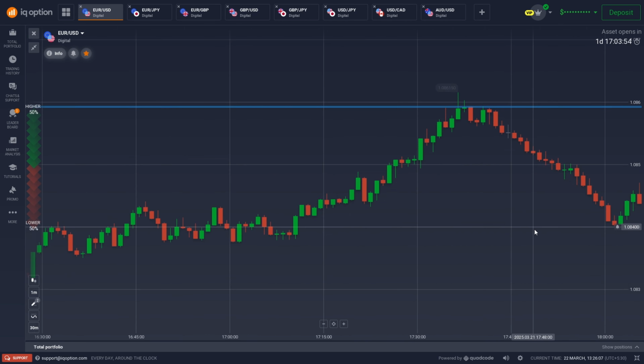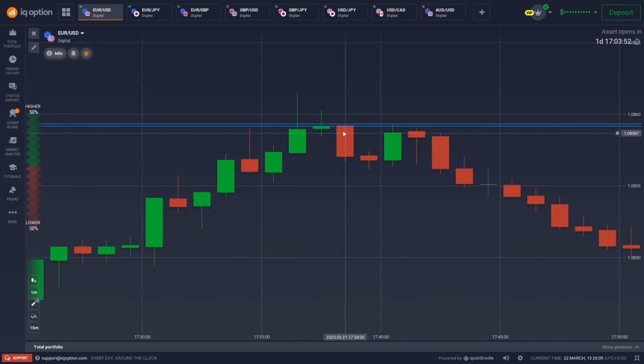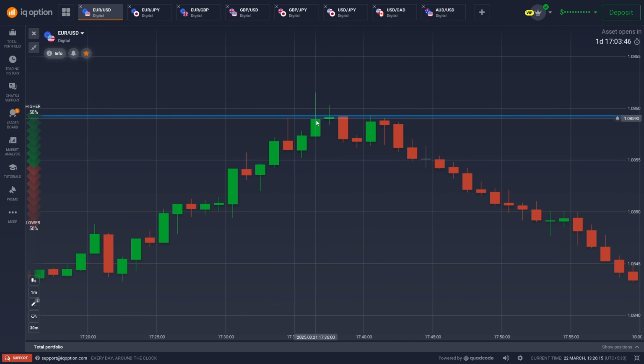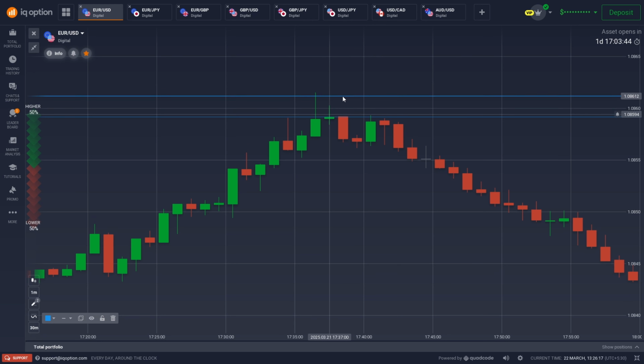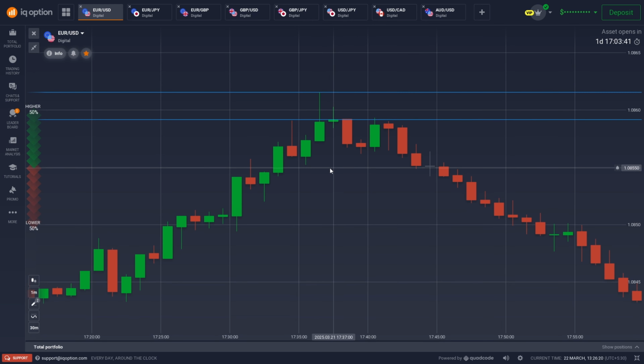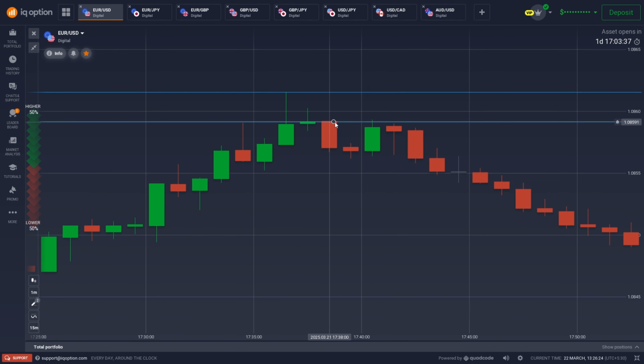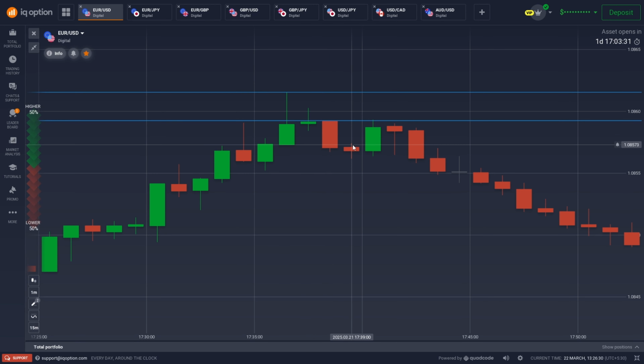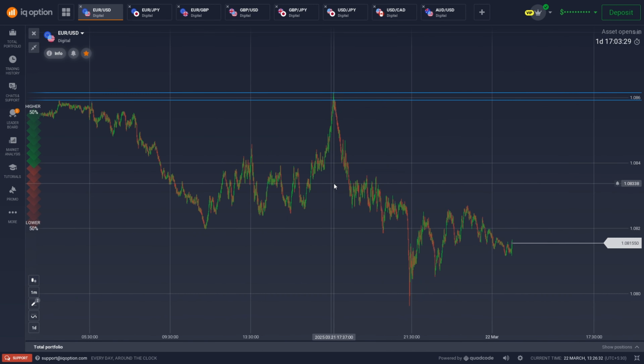Okay, and you can see here, the market did respect this zone, the price did reverse, but right now a new zone is required because it's been broken by this wick, but it was not a clear breakout, and that's why we have to update this zone. And to update it, you simply use the wick and the nearest body, which is this. So this is our newly updated resistance zone.